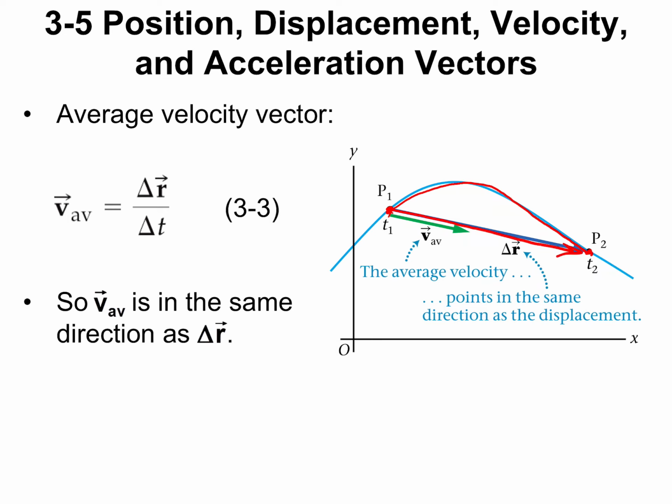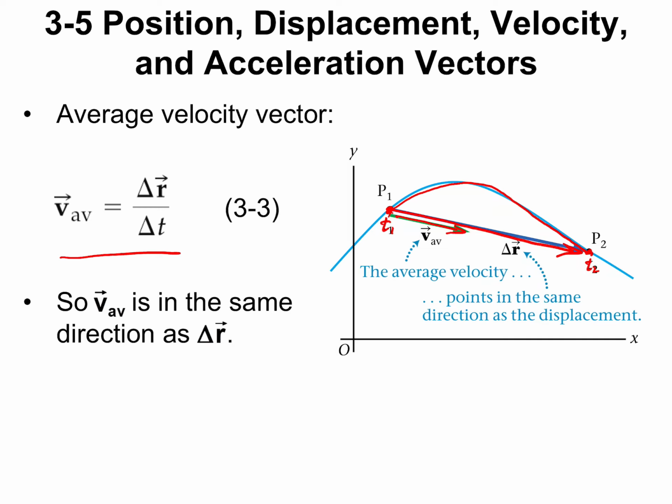At T1, you reach position P1. At time T2, you reach position P2. So by definition, average velocity equals displacement over time. The direction of average velocity will be the same as the direction of your displacement.